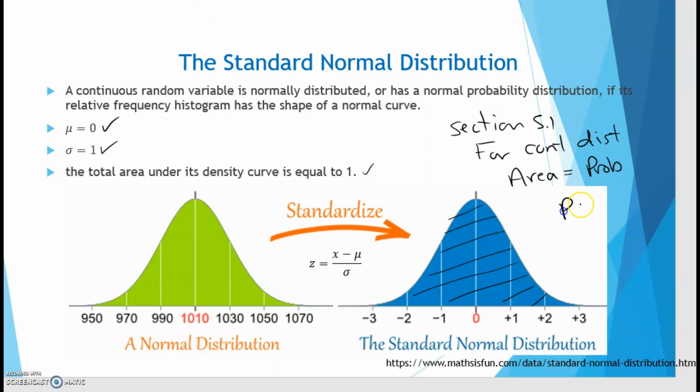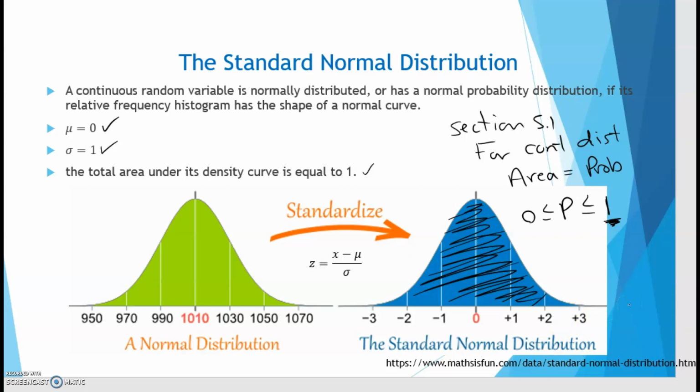And remember, probability only goes between 0 and 1. So the max that it could be is 1. Therefore, the max that the area underneath this curve is going to be is 1, because we're going to really look at probabilities underneath this curve.